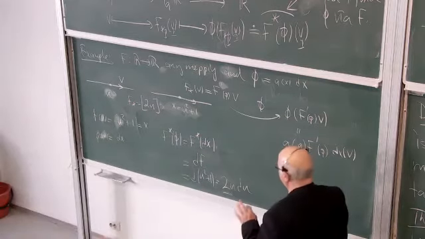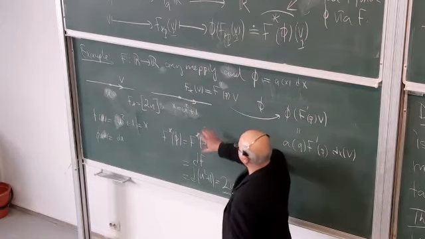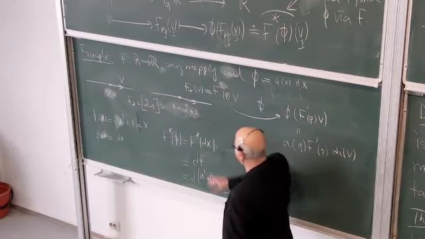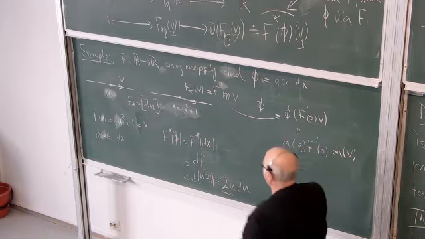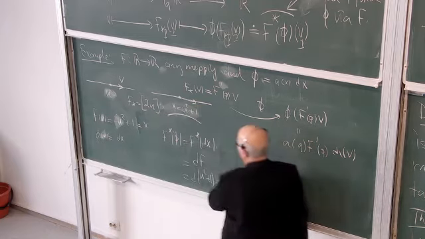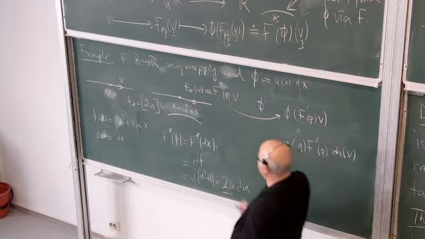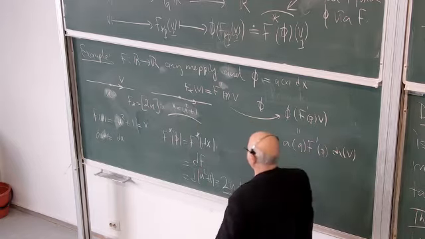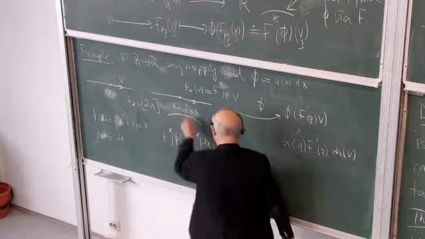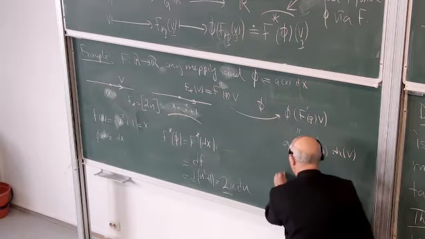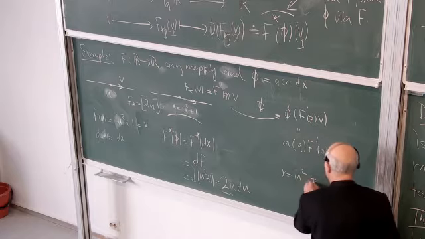So in the computation of pullbacks, this is what you do. If you are given your function like this in coordinates, then dx is just, so x is equal to, let's say, u squared plus 1.